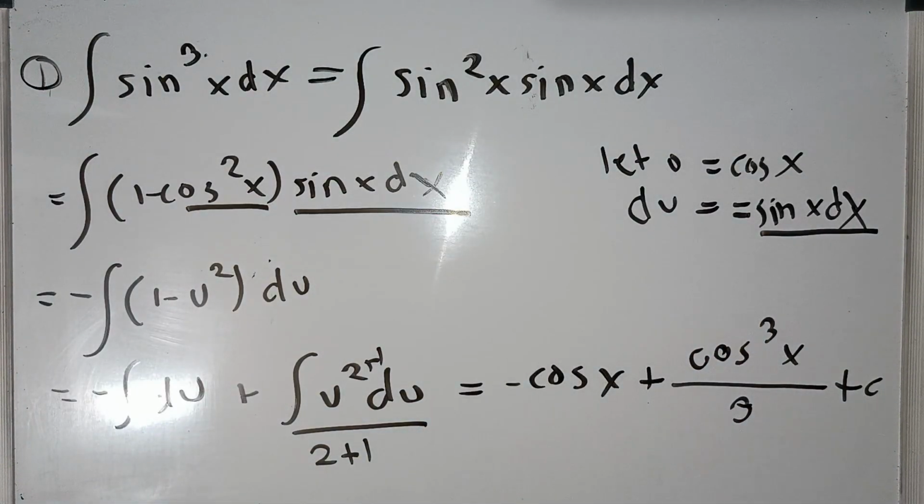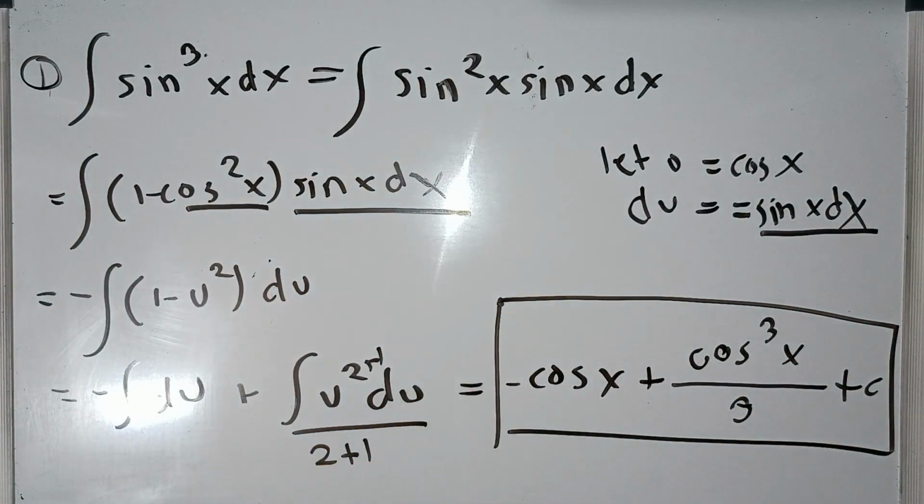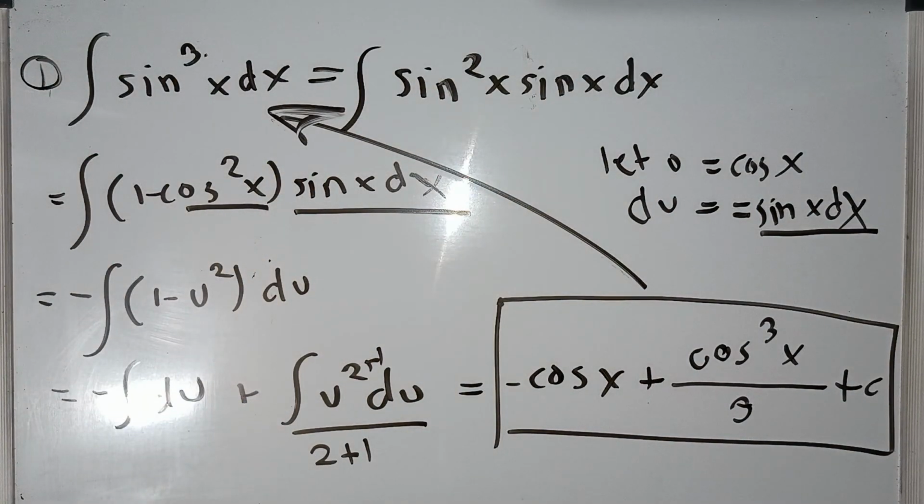And now this is our integral of sine cube x dx. Always remember that when we are integrating sine and cosine having an odd exponent, just isolate or simply minus 1 the exponent and proceed to transformation of the formula.